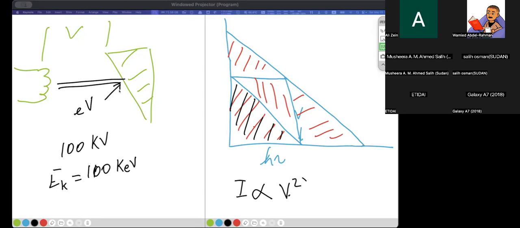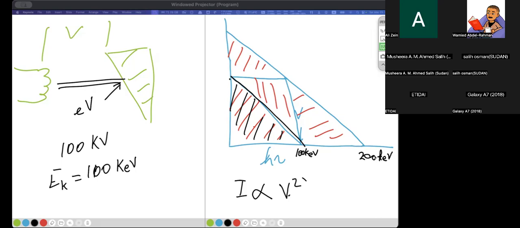Now, when we look at the spectrum of photons coming out, imagine this is the 100. The maximum energy of photons is going to match the energy of the electrons, 100 keV. And if we increase the electron energy, then the maximum energy of the photons is going to be 200 keV.